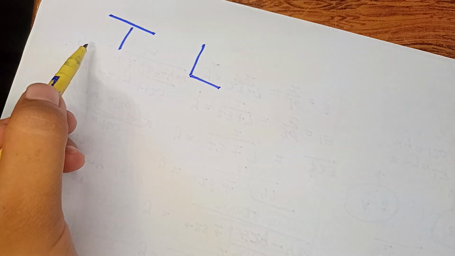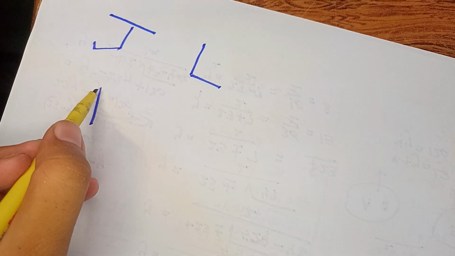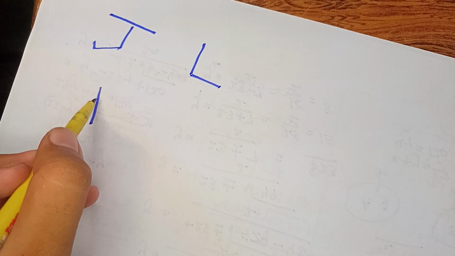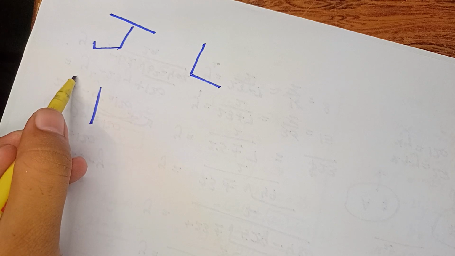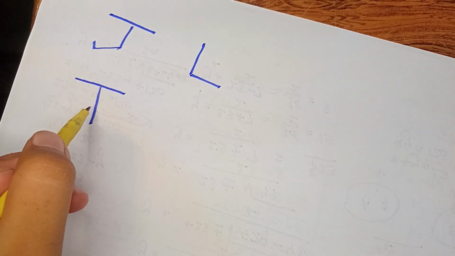Okay, so I choose T, in which I first take a perpendicular beam, and then I place a horizontal beam on this vertical beam.